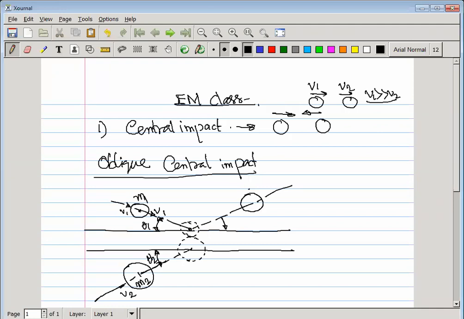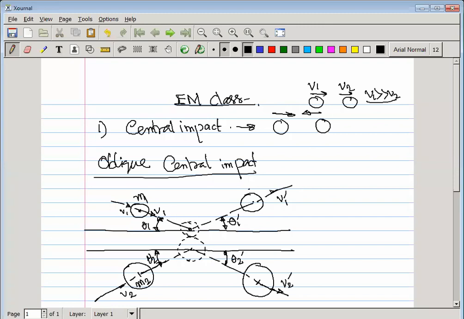Suppose this one is theta1 dash, a different angle, and this one is theta2 dash, also a different angle. These have velocities considered as v1 dash and v2 dash. Am I audible, students? Yes, sir. Okay. So this is the condition.